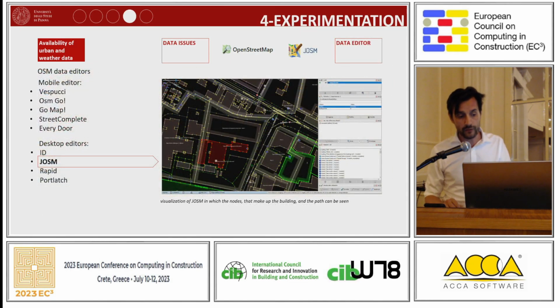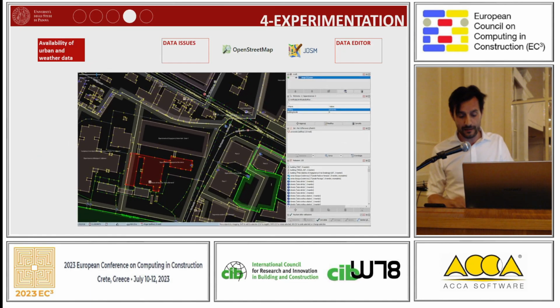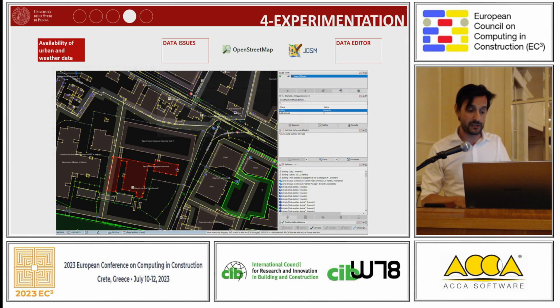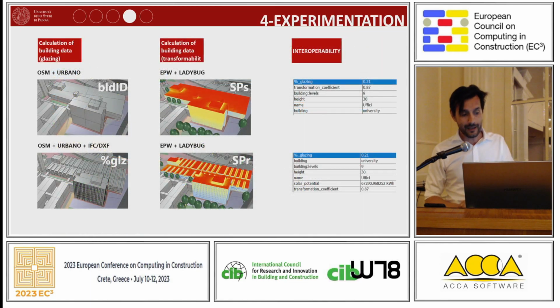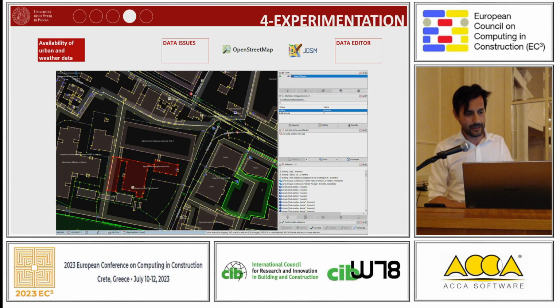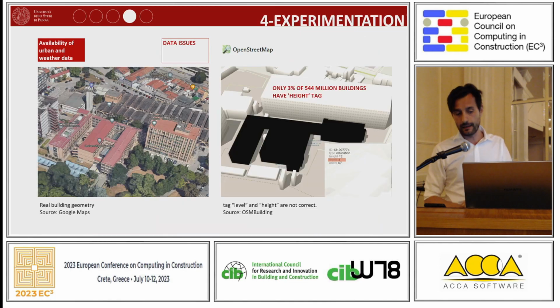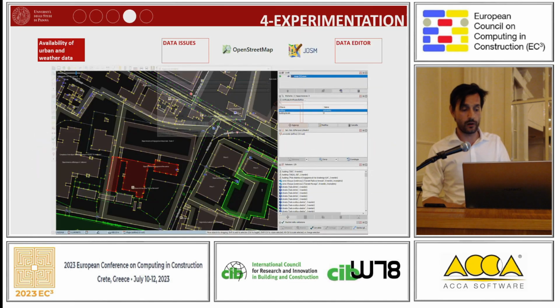So what we analyzed was the possibility to intervene directly on the database, again using open formats, and we found a good result using the Java OpenStreetMap project, in which we can intervene by adding some tags, correcting the tags, and then generating the right models. As you can see, sorry, I turned back. As you can see, the lab building is higher than the office building, so clearly this is totally wrong.